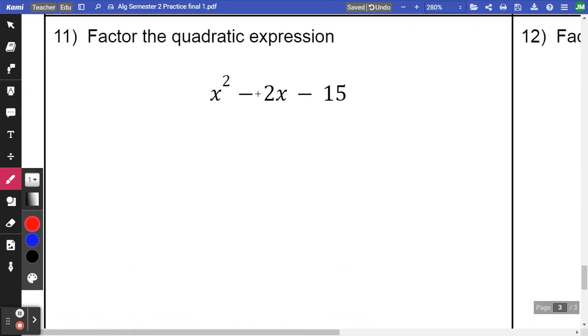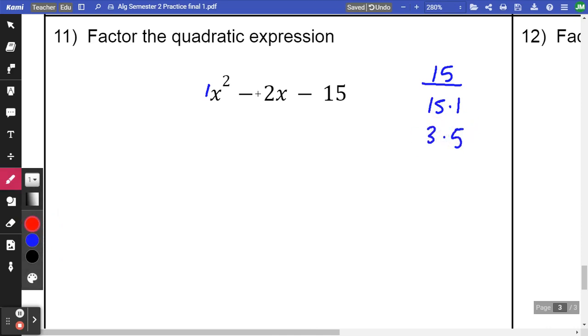All right, number 11, factor the quadratic expression. In this case, a is equal to 1. So we'll list out the factors of c, not a, which in this case happens to be 15. The factors of 15 include 15 times 1 and 3 times 5.